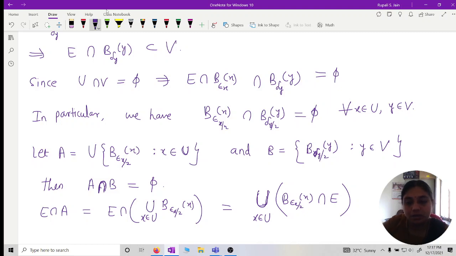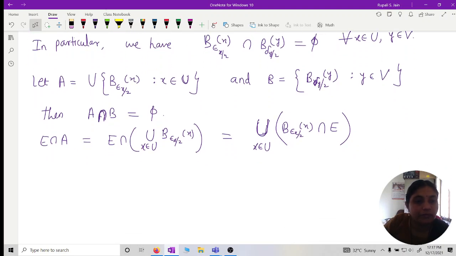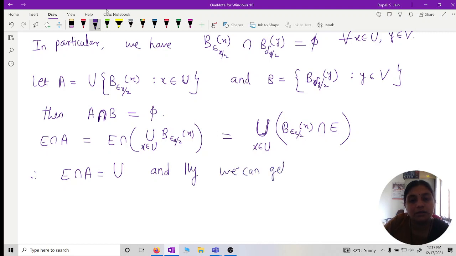Yes, ma'am. So E intersection A is nothing but U. And similarly, we get E intersection B is nothing but V. Is that okay?